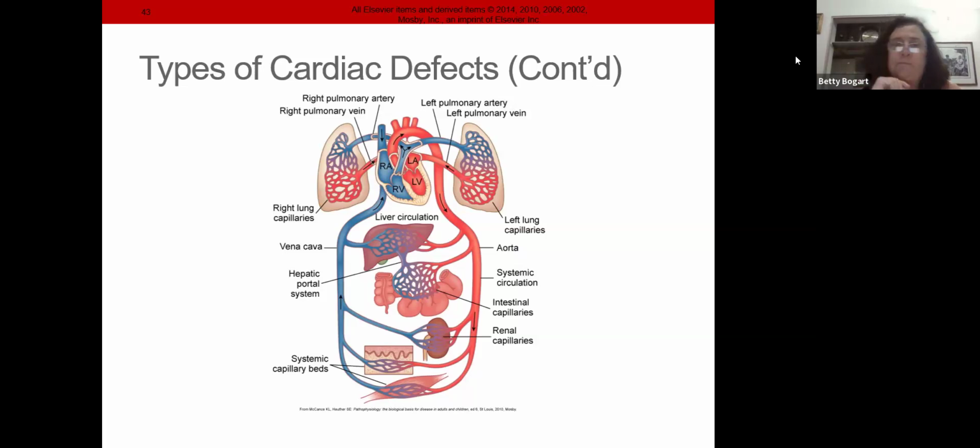Okay. So blood comes through the inferior or superior vena cava, goes into the right atrium. Ooh, it just gets there, so it's really slow going in. It goes through the tricuspid valve to the right ventricle, goes up through the pulmonary valve into the lungs, goes back to the left atrium.